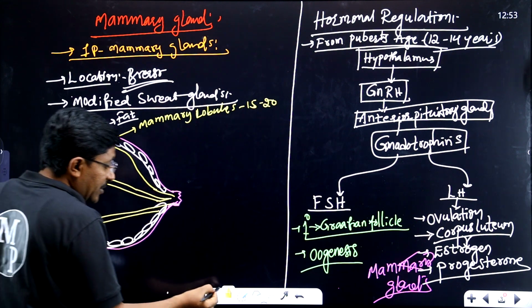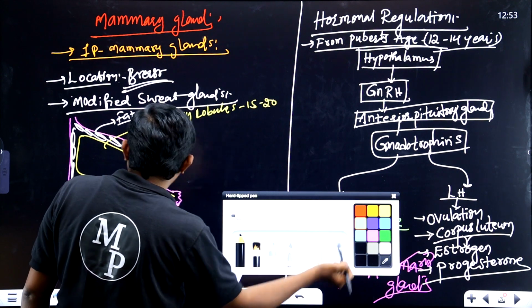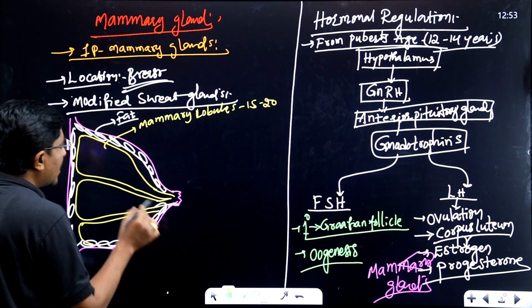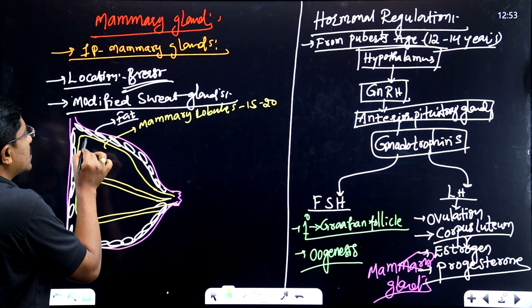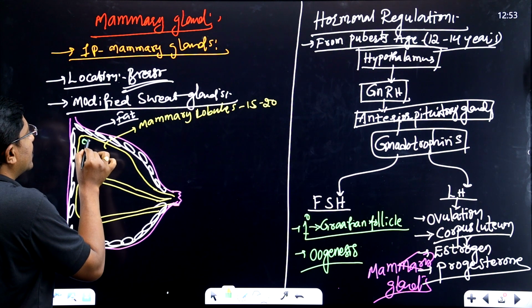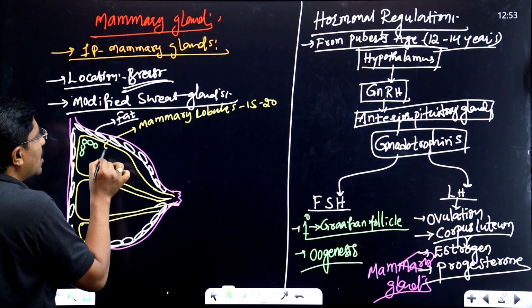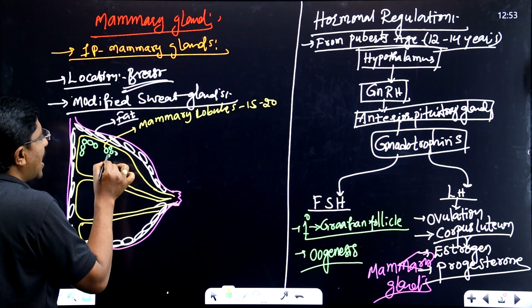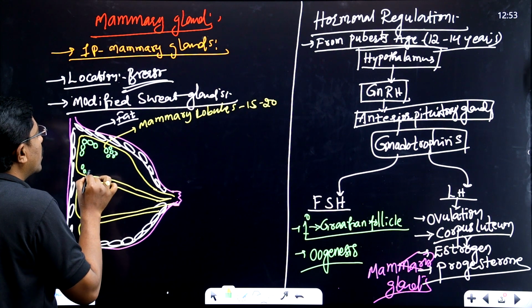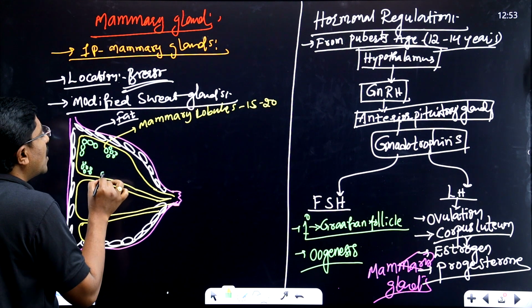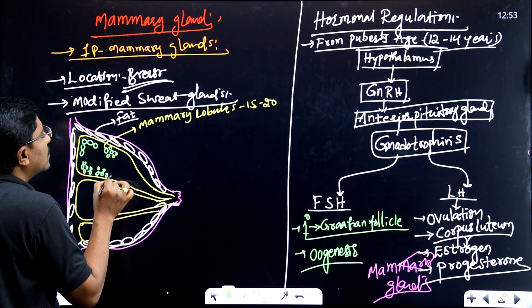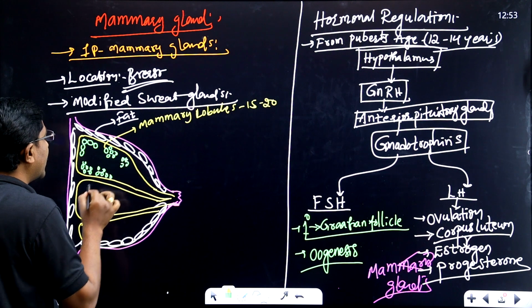In each mammary lobule, the modified structures, alveoli, are there. These alveoli look like a bunch of grapes.